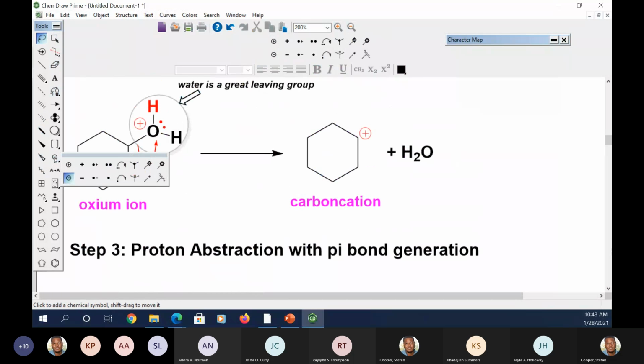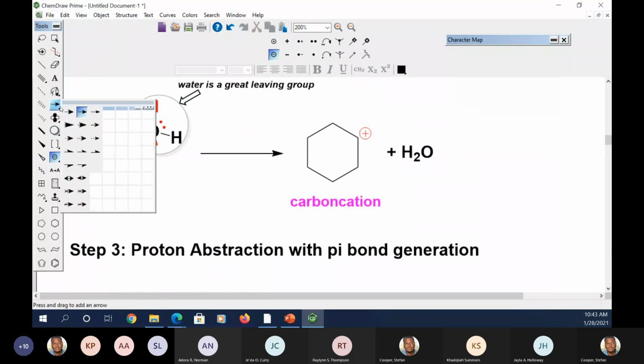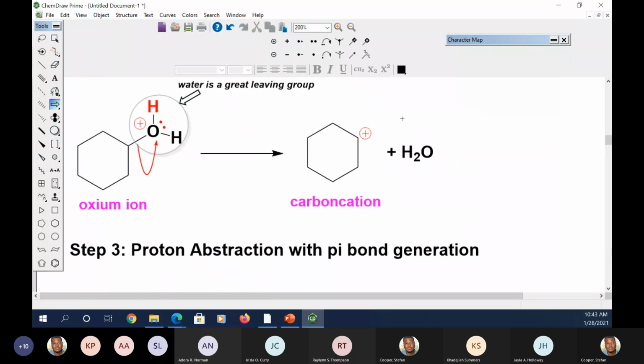So if I look at the carbon that had the plus, I'm going to point to it with this thing here. How many carbons are attached to it? 2 carbons, right? Carbon here, carbon there. Is there a double bond near it?